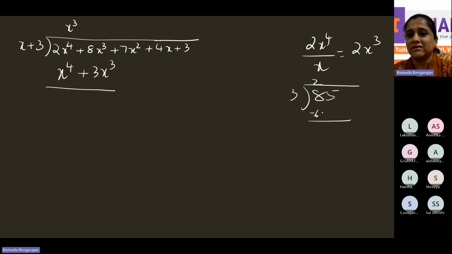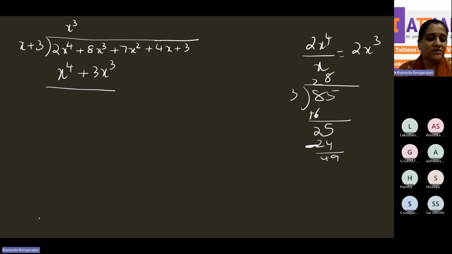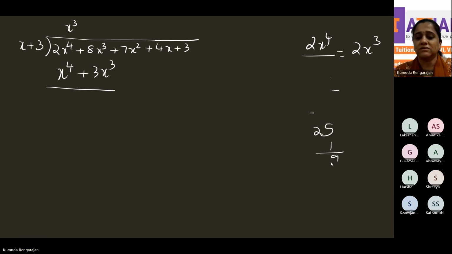You are actually subtracting. There's a plus, the 6 is a plus 6, but you are performing 8 minus 6. 5 comes down. 25 and 24 is 49, but you're subtracting, so 25 minus 24 is 1. So division is about subtraction.